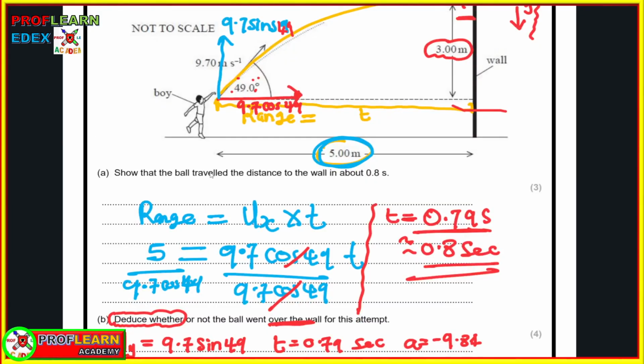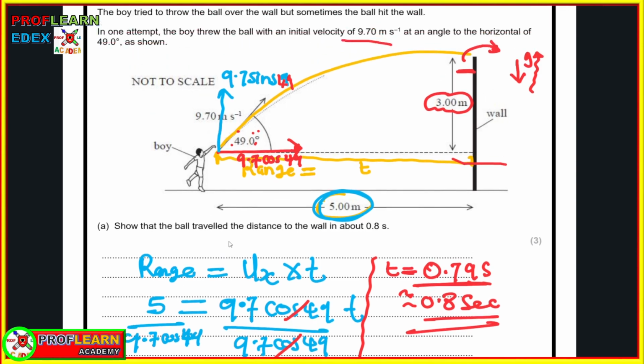Now show that the ball traveled a distance of about 0.8. So we are going to use the horizontal component and the time given in order to work out the range.